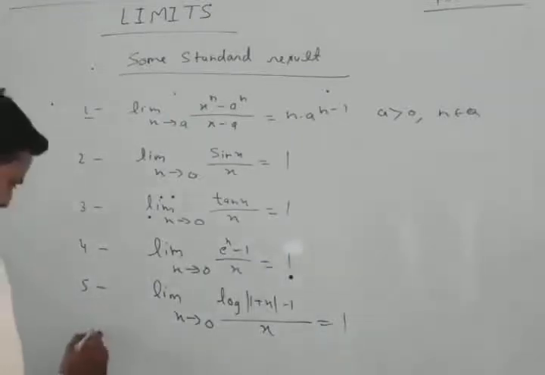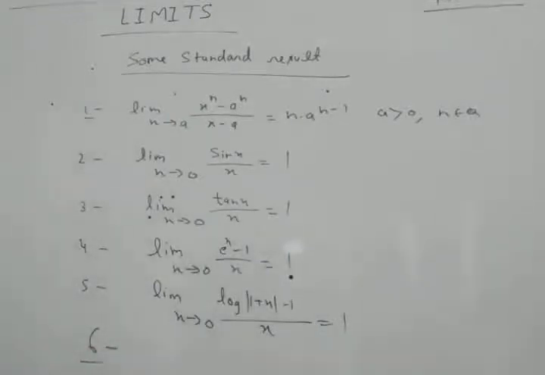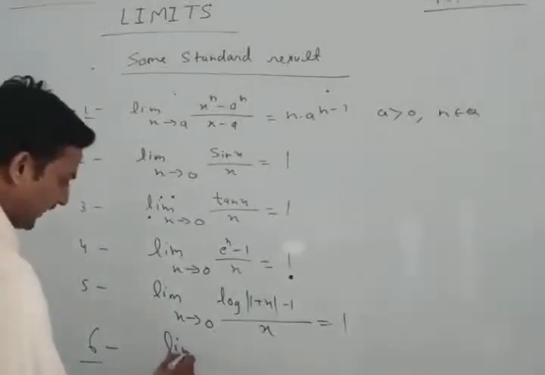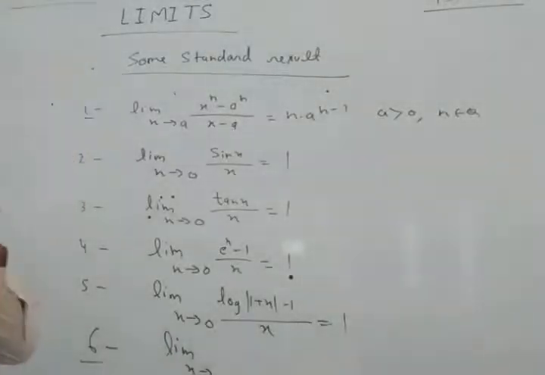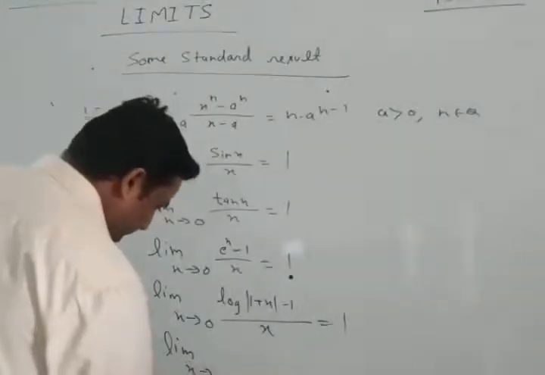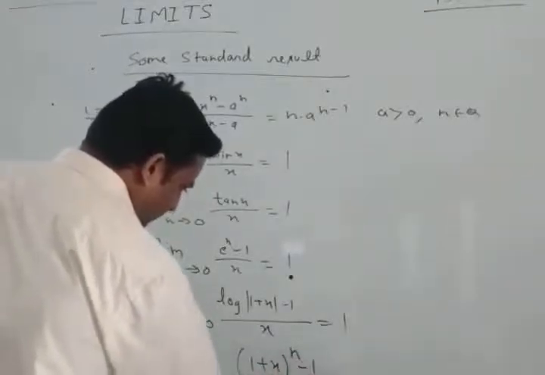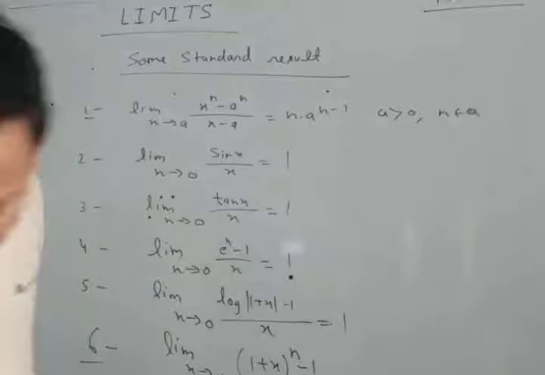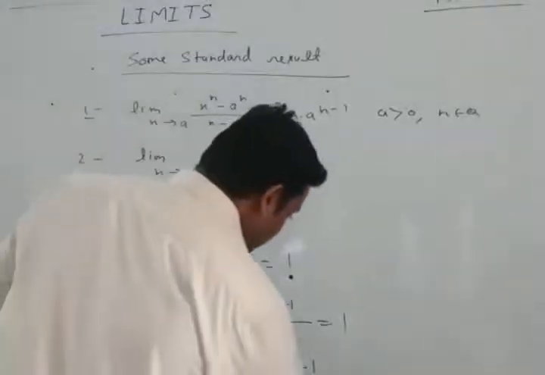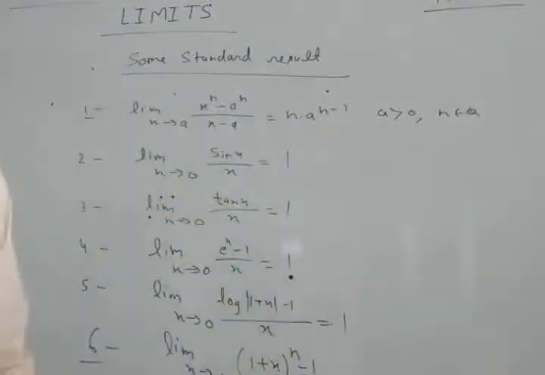Now see next. Next is limit x tends to 0, (1 plus x) to the power n minus 1 upon x is equal to n. Okay.